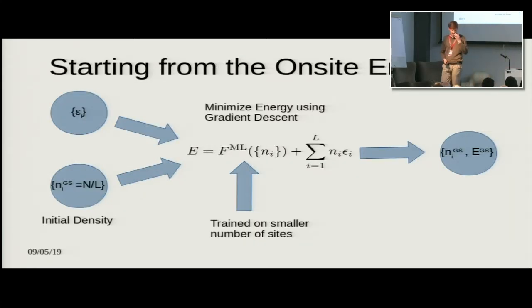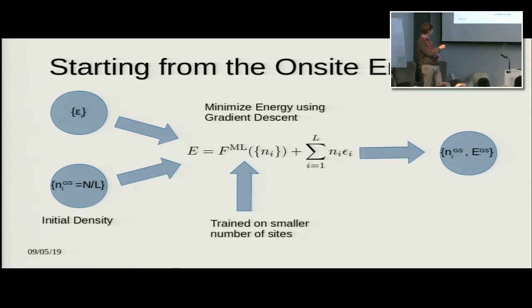So this was using the on-site occupations, or the site occupations, as the input to our neural network. But we'd like to start from the on-site energies, as the site occupations are a function of the on-site energies. So the on-site energies are really the fundamental quantity. We can start from the on-site energies by taking some on-site energies for some lattice size, and then taking an initial guess for the density. Here we're just using a homogeneous one, the number of electrons divided by the number of sites, so every site starts with the same density.